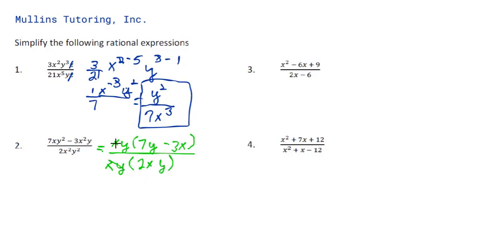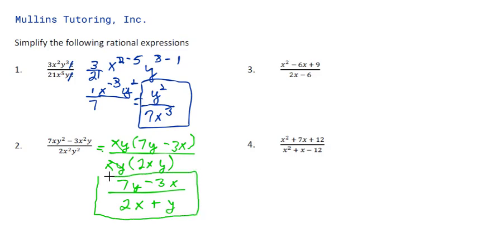So xy can go into xy one time, and that leaves us with 7y minus 3x over 2x plus y. And that would be our final answer. You can't simplify it any further.